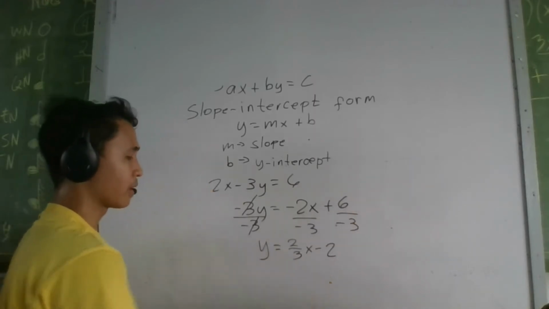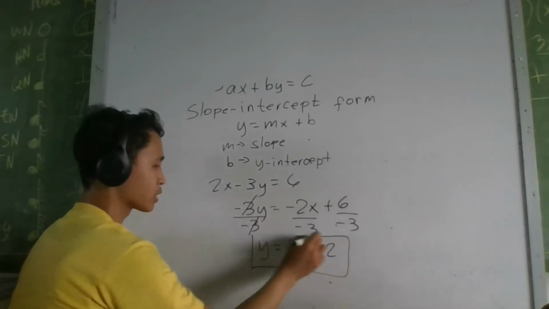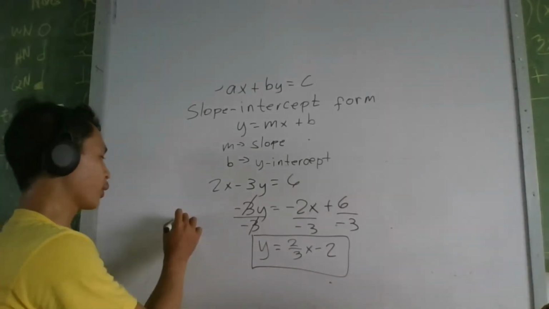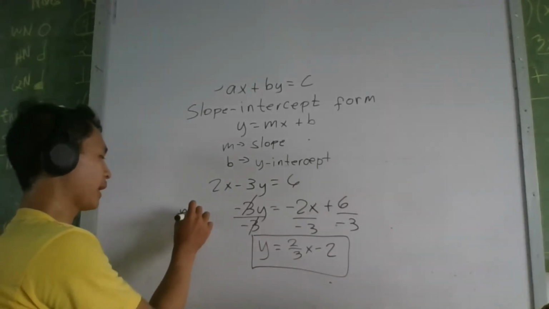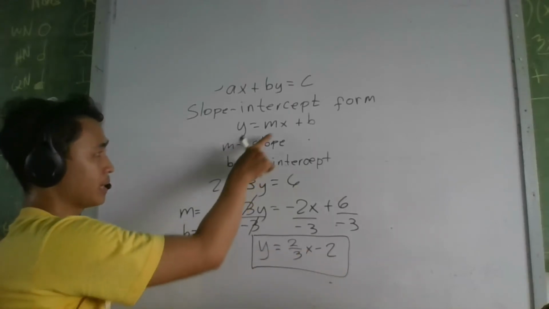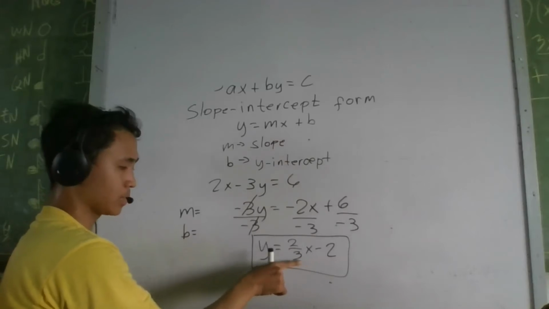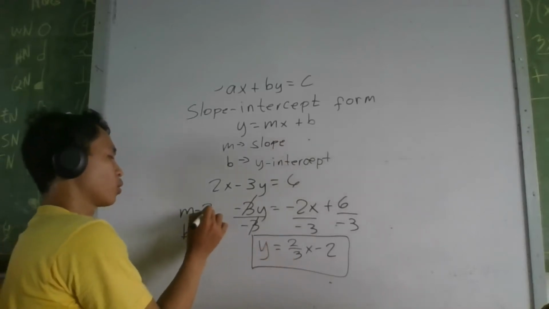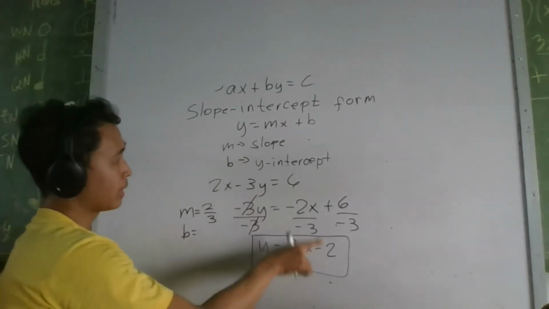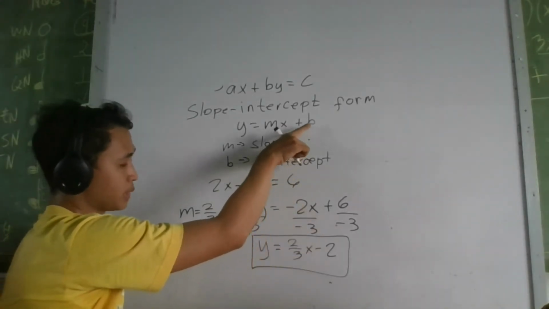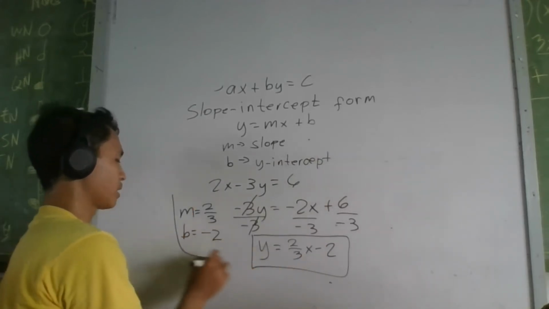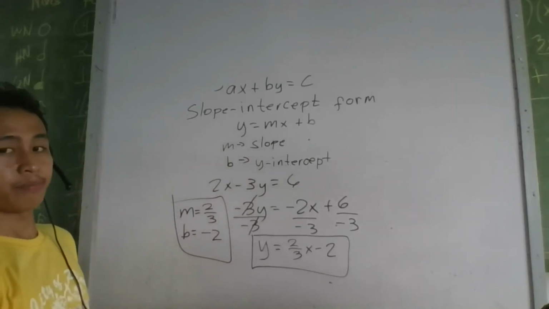So this will be our slope intercept form. What if you are asked to find the slope and the y-intercept? Given this equation, what is our slope? Slope is katabi ng x, that is m. Katabi ng x is 2/3, therefore m equals 2/3. b is equal to the constant here, so follow natin yung sign, that is negative 2. These are our given.